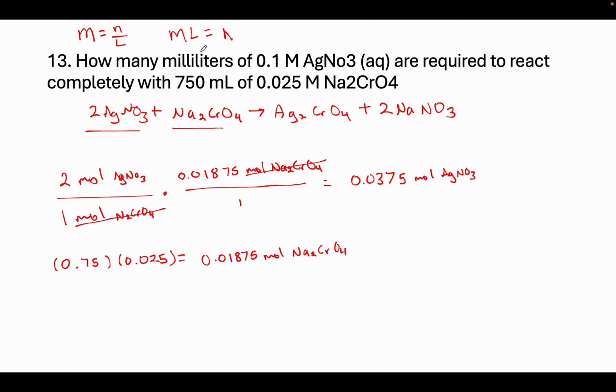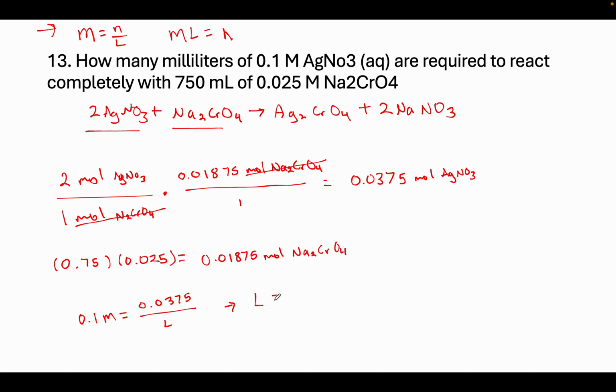Okay, so they want the volume. So again, we've got the concentration, from this formula we can use right here. We've got the concentration, 0.1 M equals the moles, 0.0375, over the liters. Okay, rewrite this so that we can find the liters.